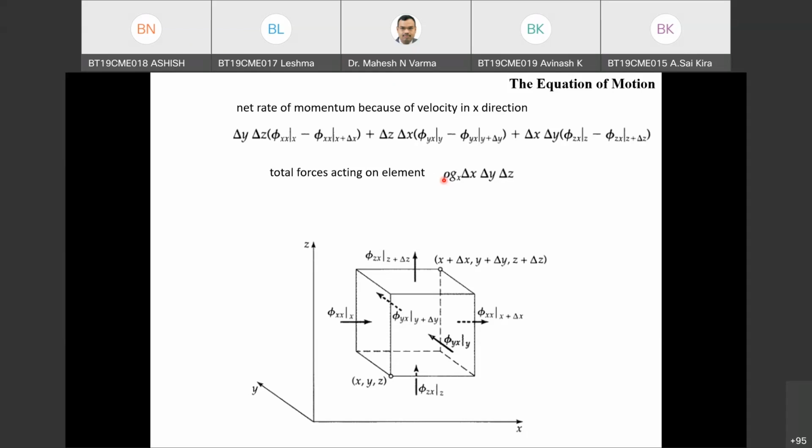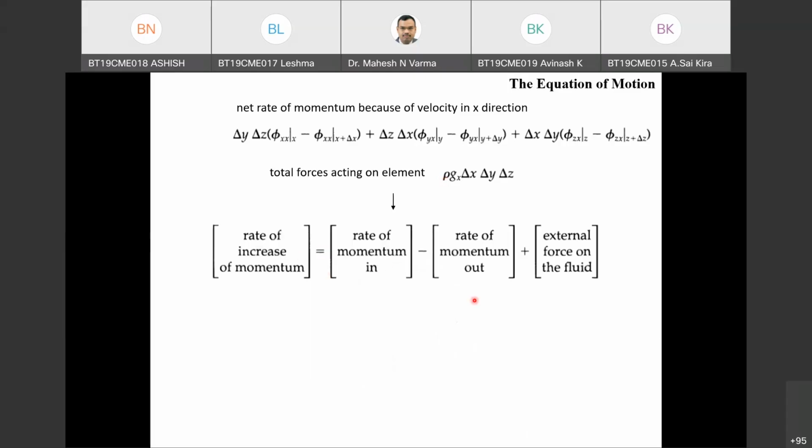Now rearranging this equation, substituting in the overall shell balance equation, and dividing it by delta x, delta y, delta z, and delta x, delta y, delta z tends to 0, what differential equation will you get? So you substitute this here. This is the rate of momentum in minus out. This is the external force acting on a plate.